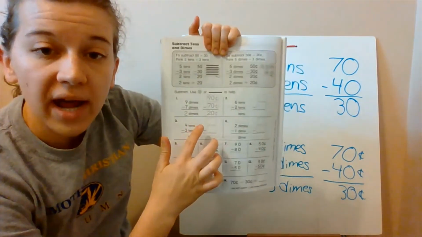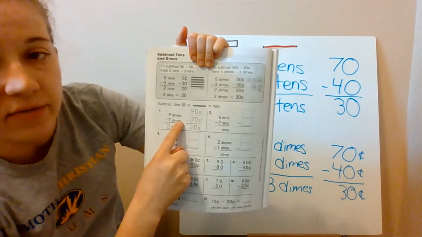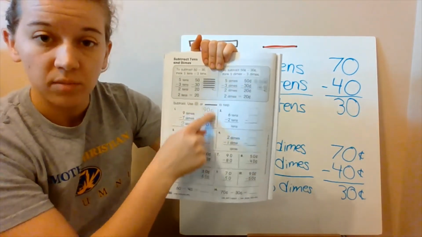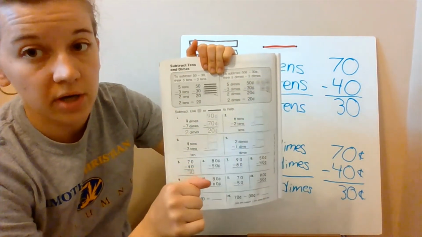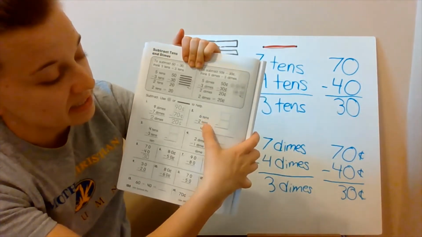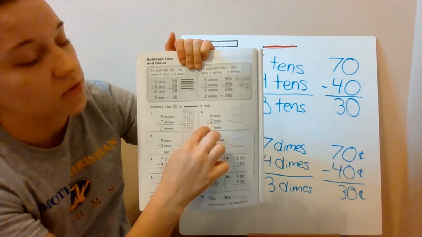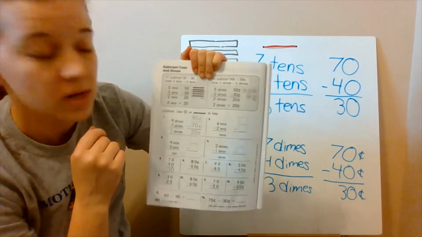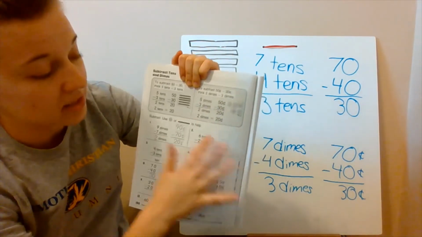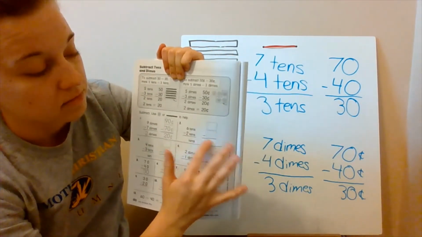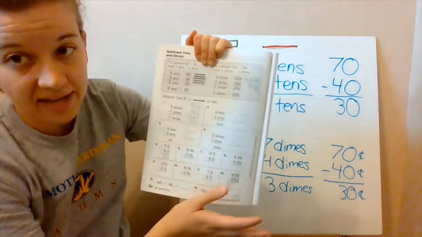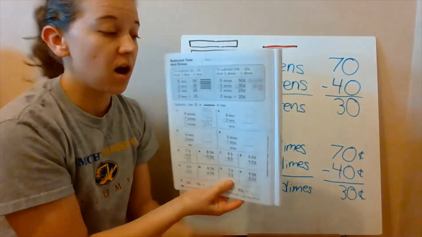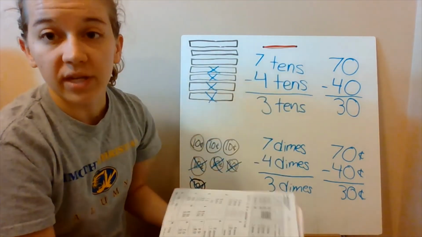They wrote out 9 dimes minus 7 dimes for you, and then you have to find the answer, but then you also have to put it in just digits, just numbers. So here it says 6 tens minus 2 tens equals, so you have to write what that equals, but then you have to change 6 tens to 60 and 2 tens to 20, and then write the answer at the bottom. So it's a lot like what we did up here, and it's similar to what we did with addition as well.